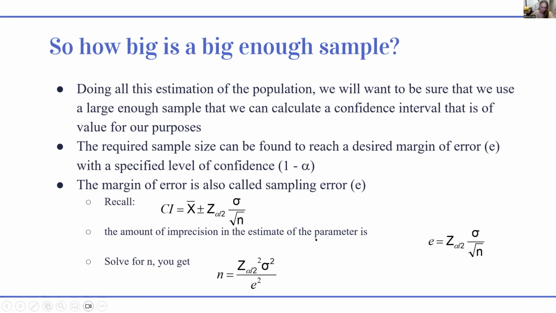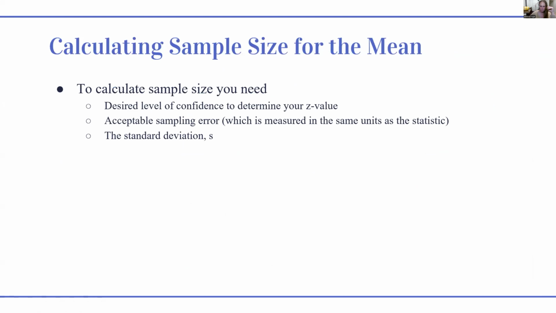So what you're trying to figure out is the sample size. How big of a sample do you need? So that's why you're solving for n here. So here's how you would do that. That's for the population. Imagine you want to do this for a sample, right? So you want to figure out your desired confidence level.